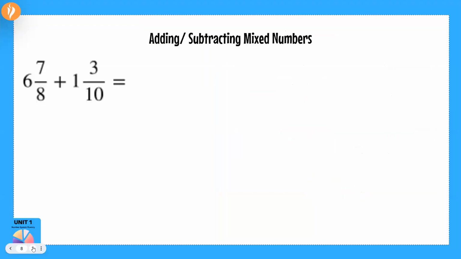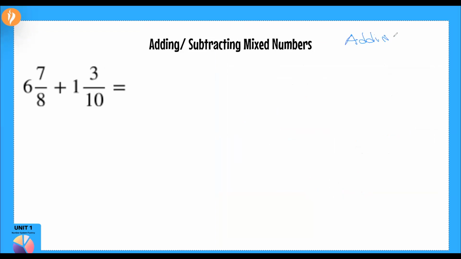All right, now you'll also have to add and subtract mixed numbers. So I want you to write this down somewhere for adding. When you are adding mixed numbers, I do not have to change them, mixed numbers, into improper fractions.